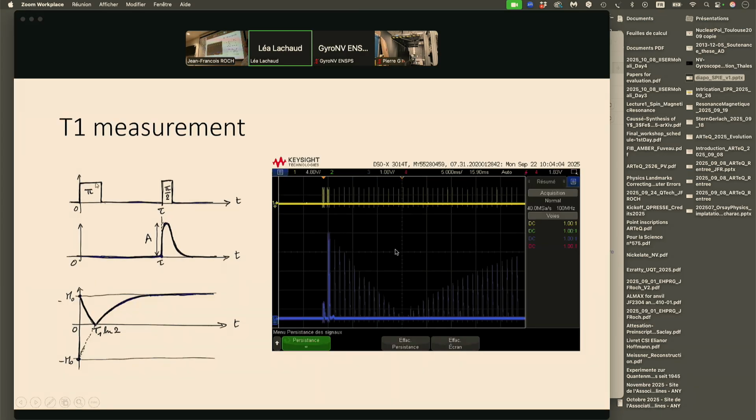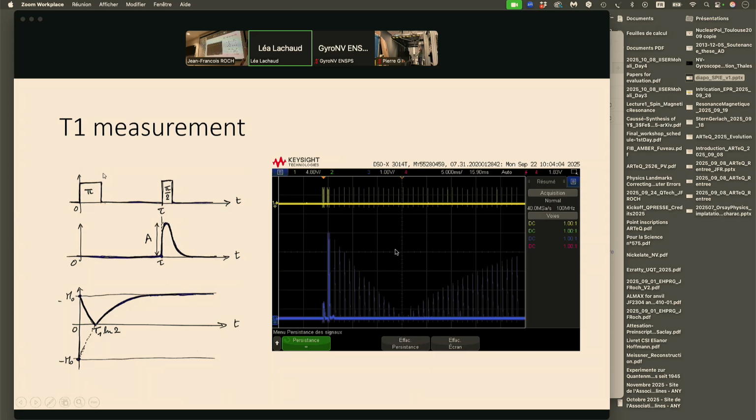Once excited, for example, with a pi pulse, the Bloch vector points towards the south pole of the Bloch sphere, right? So you apply a pi pulse. What you do basically is bringing the whole population of your lower energy states into the upper energy states, the ones which are anti-parallel to the B0 field.